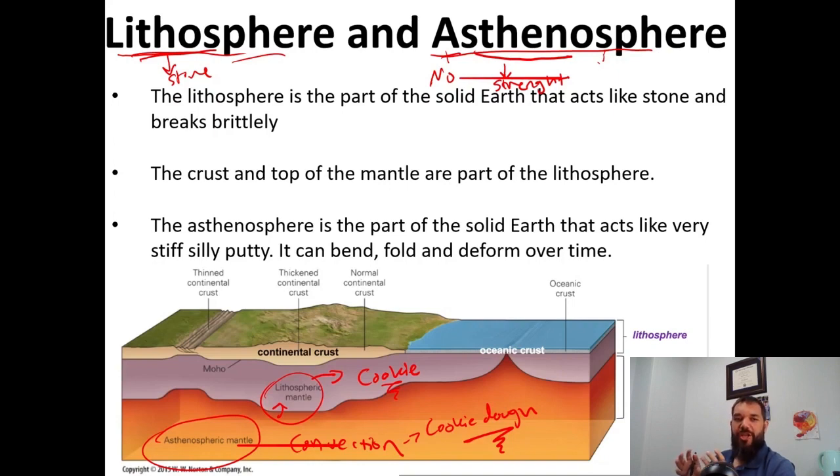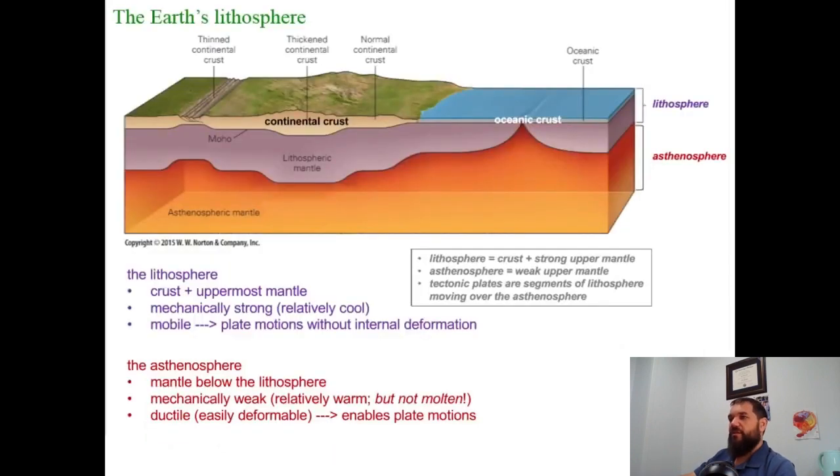It can change its shape. It's still a solid, but you can fold it and change its shape. Whereas the cookie will just crack and crumble and fall apart. So that's the difference between lithosphere and asthenosphere. It's a mechanical difference, a difference in the way that it deforms.